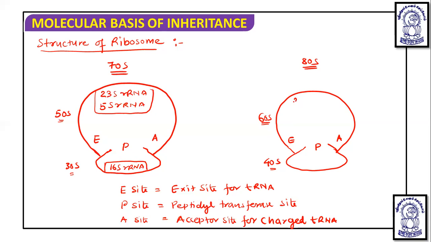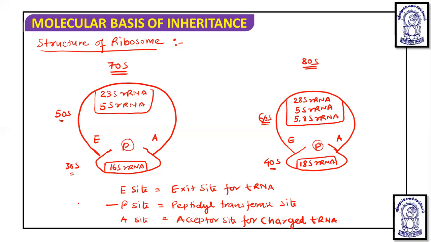Here also, in the eukaryotic ribosome, 28S rRNA, 5S rRNA, and 5.8S rRNA are there in the large subunit, whereas 18S rRNA is in the small subunit.